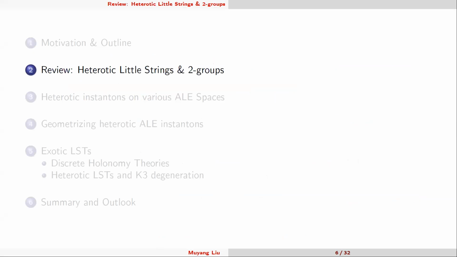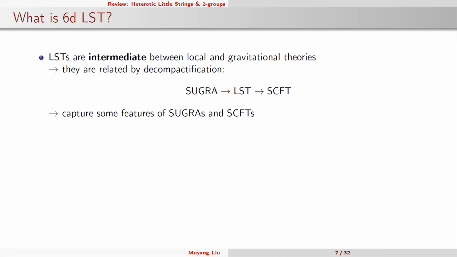So in this section, I will quickly review the basic properties of little string theories in 6D, as well as some conventions and notation we are going to use to describe the generalized quiver. So what is a little string theory? In 6D, they are like cousins between the more familiar local and gravitational theories, such that they sit in the compactification chain from supergravity to little string theory to SCFTs.